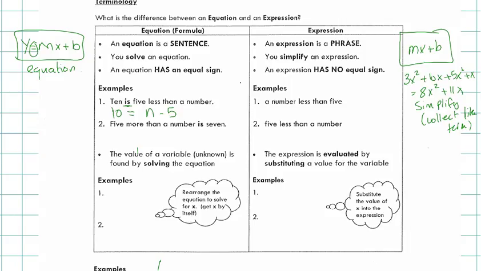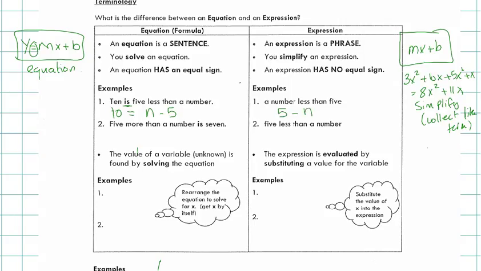Can I have an equal sign in the expression? So a number less than 5. So that means 5, take away the number. Okay? I know it doesn't make sense, but we have to get used to the English. Okay, when it comes to math.